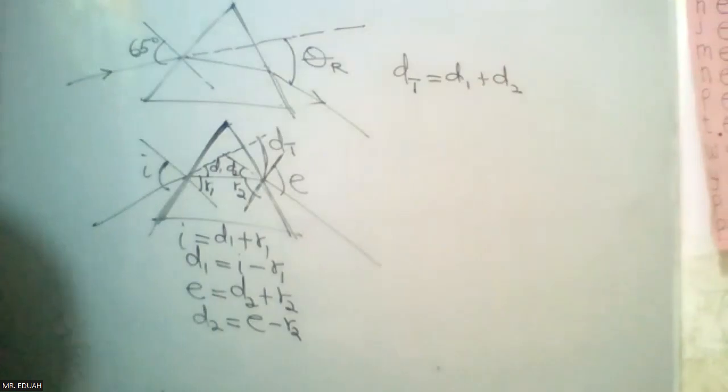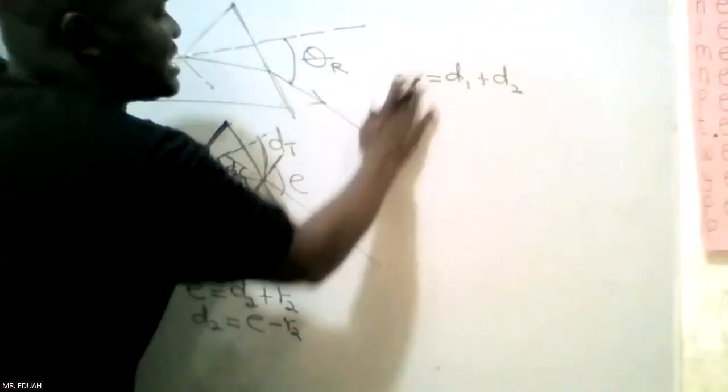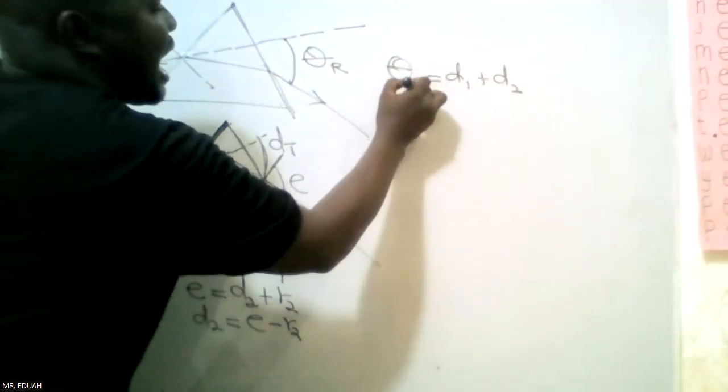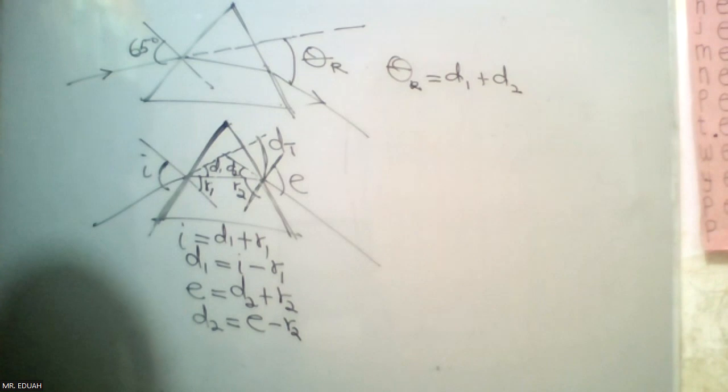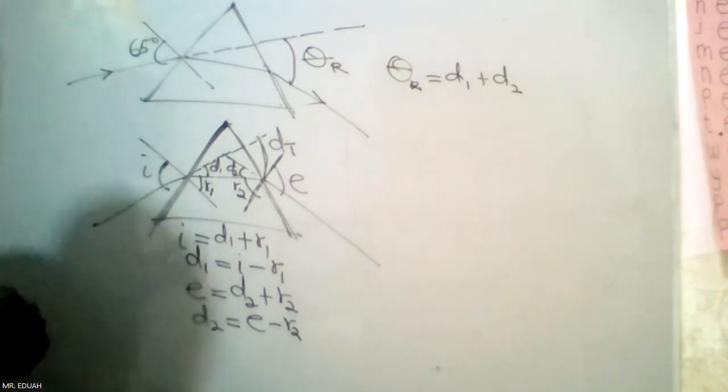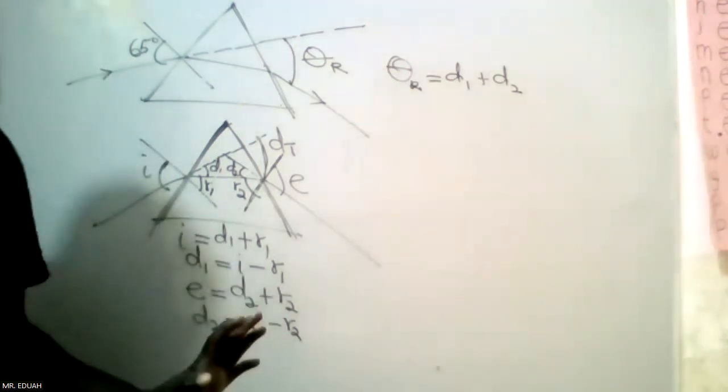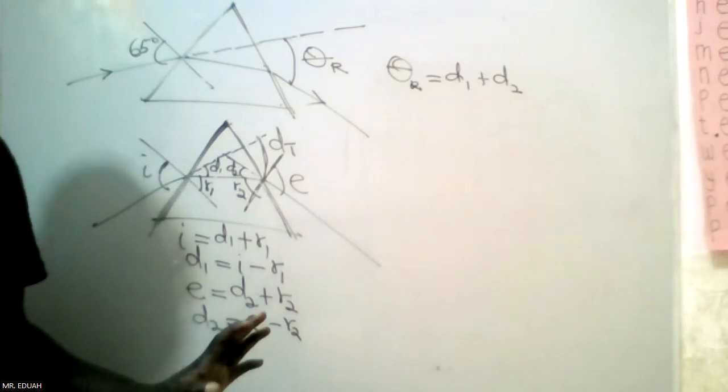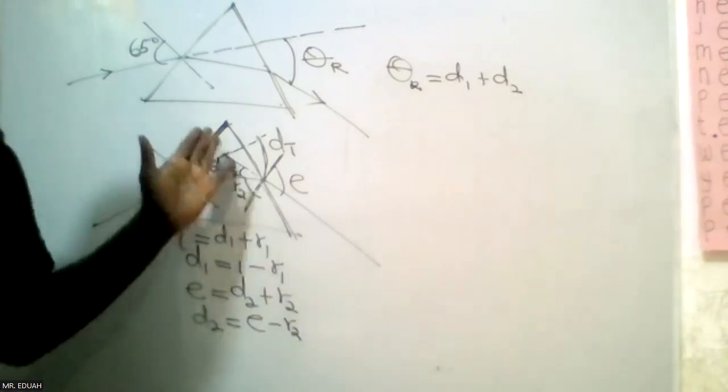When we add the two deviations, we have the total deviation, which represents theta r. That's the whole thing that we need to do. So class, are we okay here with the theory?